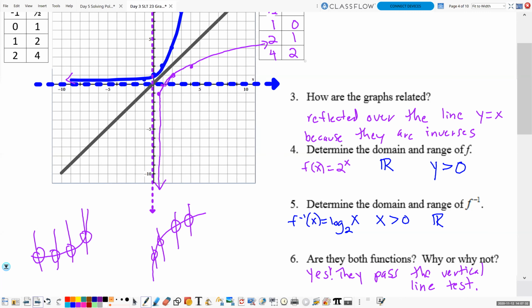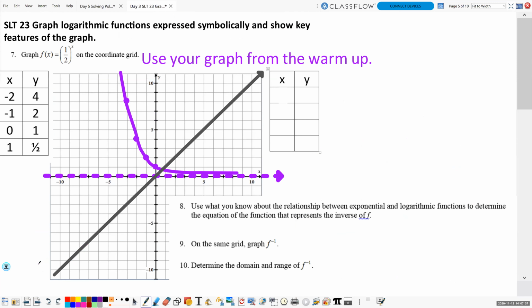Okay, we're gonna do the same thing now with our middle graph from the warm-up, y equals 1/2 to the x. This was the table we used to graph y equals 1/2 to the x, and now we're gonna graph the inverse. But first, we want to say the actual inverse function. If I have the exponential function 1/2 to the power of x, its inverse function is going to be log base 1/2 of x. I'm using red.